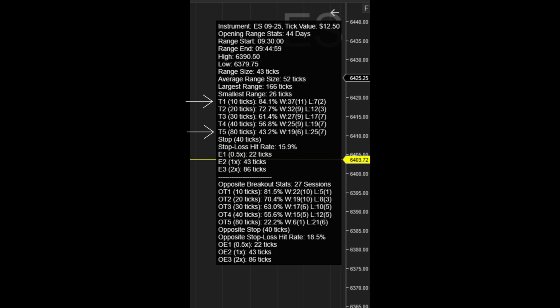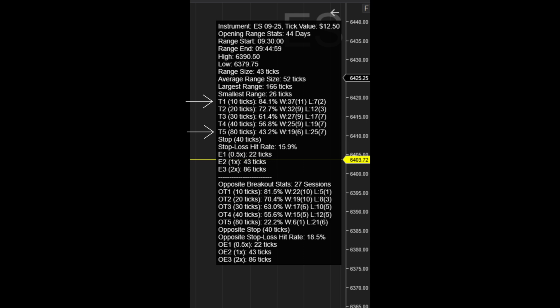But let's compare that to our target 5, which has an 80 tick target and a 40 tick stop still, and a below 50% win rate. So we've got 80 ticks as a target, and we won 19 of those trades at 80 ticks. That gives us a total of 1,520 ticks for winners.